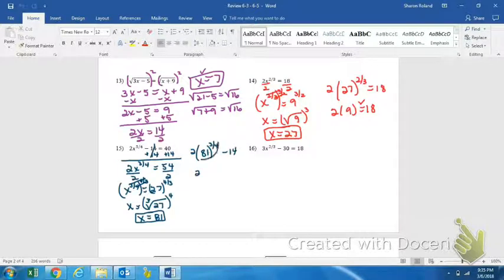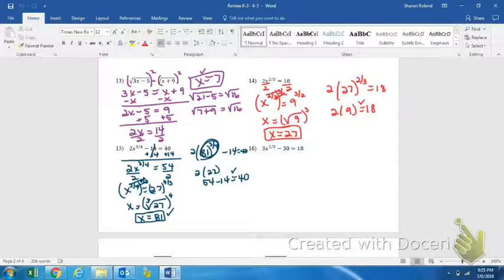Put this in the calculator, and this has to equal 40. That would be 2 times 27, which is 54, minus 14, and it does equal 40. So that checks out. 81 is a solid solution.